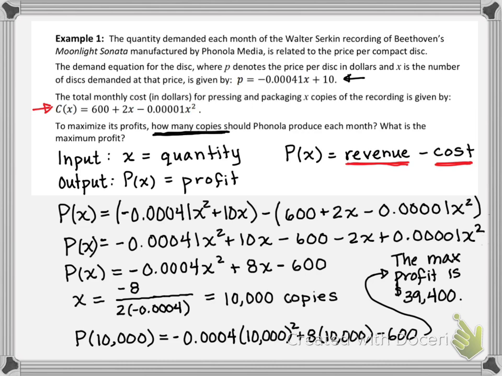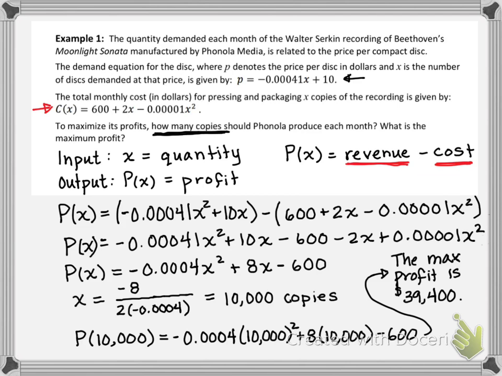What price should they charge if they want to make this much profit? They want to maximize profit. Plug it into the price formula. Plug what? 10,000. Yeah. Cody, is that what?